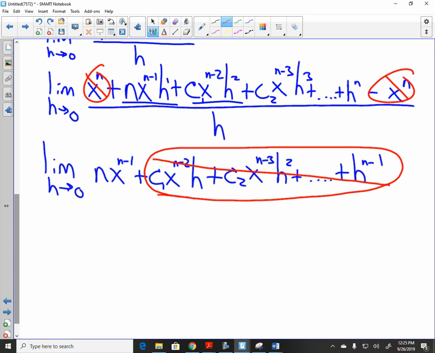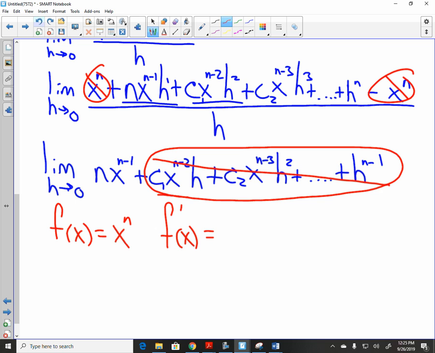So what that means is if f of x is equal to x to the n, then f prime of x, the derivative, is simply this.